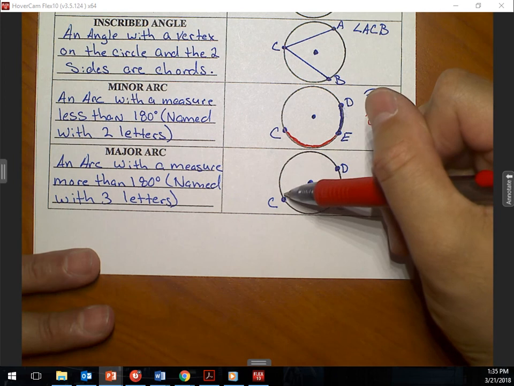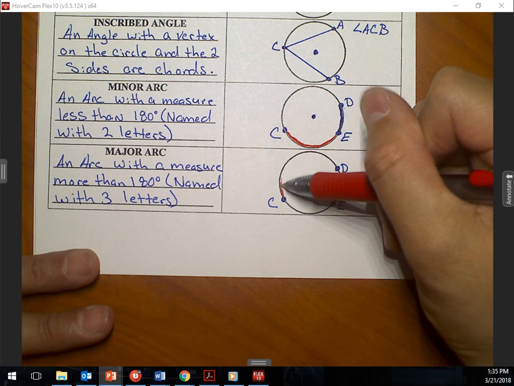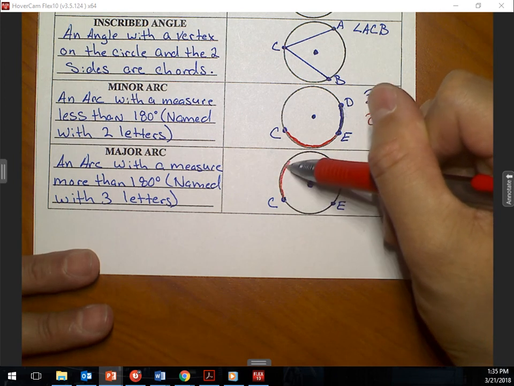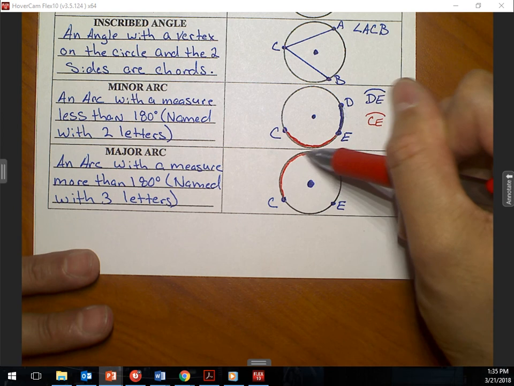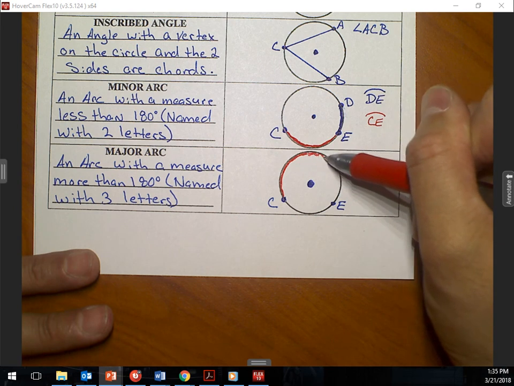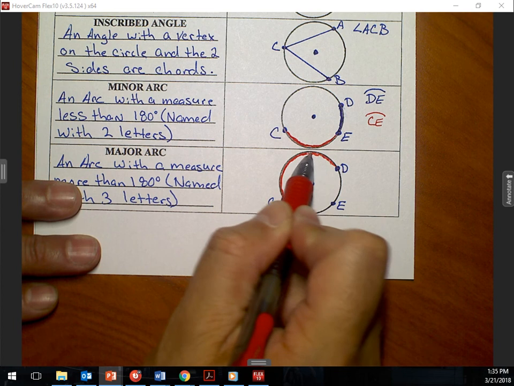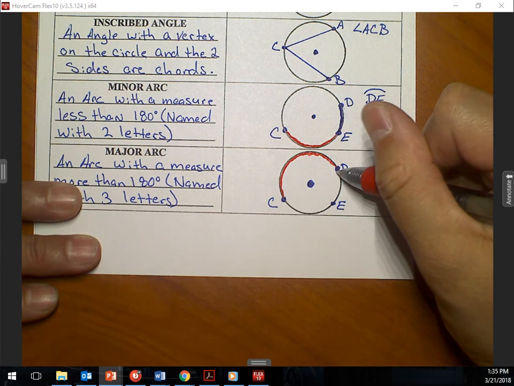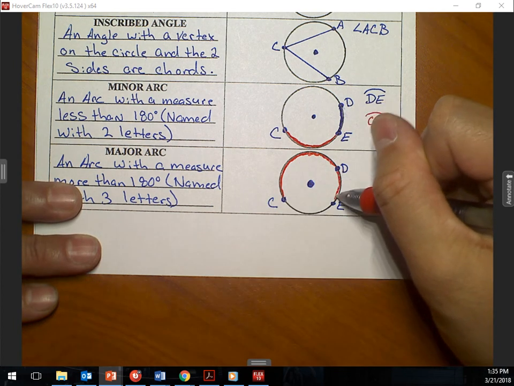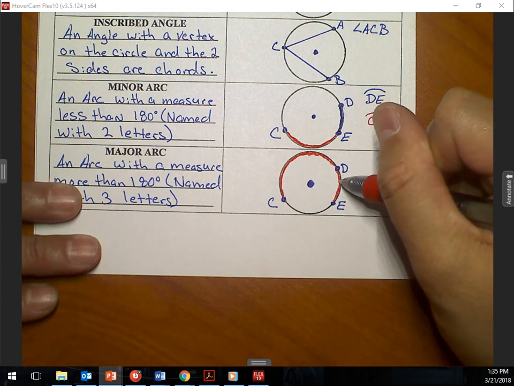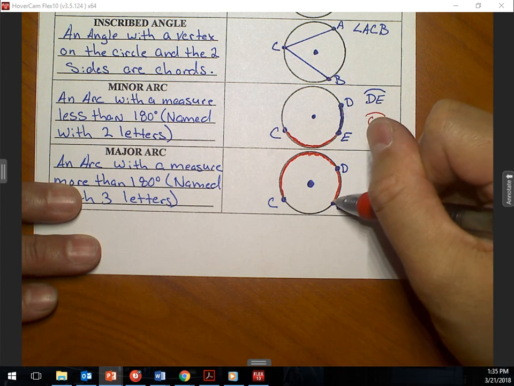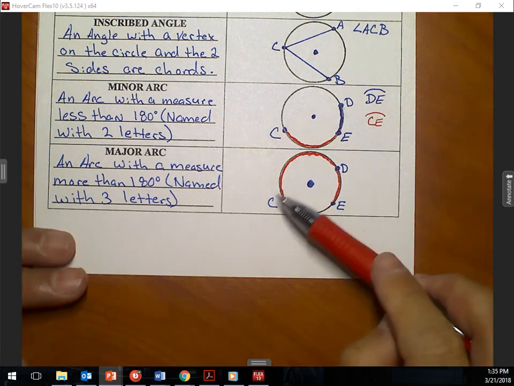All right, so now for this one right here, I'm going to show you guys. I would start at C, go all the way around, and then keep going. So, like I said, if it looks like it goes halfway, it's probably halfway. So this is halfway.